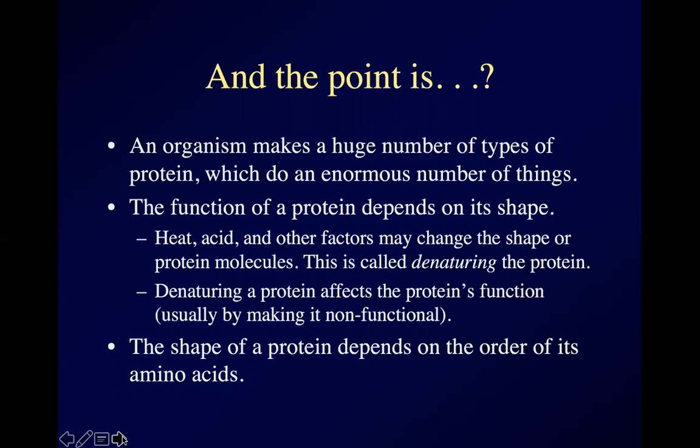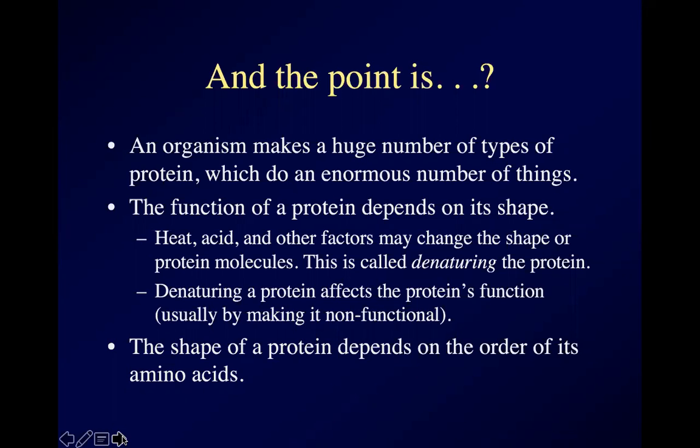The so-called white of an egg is mostly made of a protein called albumin. And when it is functional in the egg, it looks like raw egg whites. It's transparent and very runny. If you take that egg white and subject it to heat, as you do if you fry an egg, you can see it going from transparent and runny to white and solid.